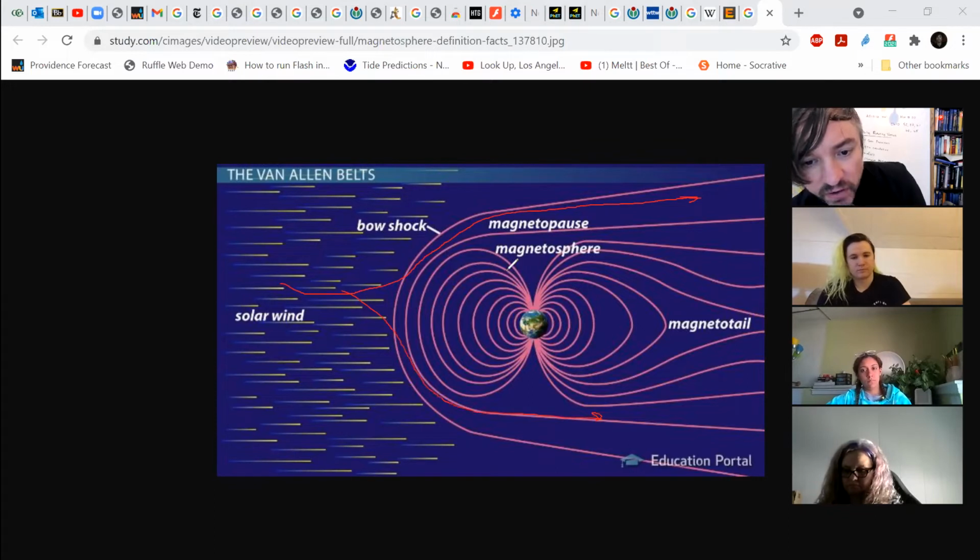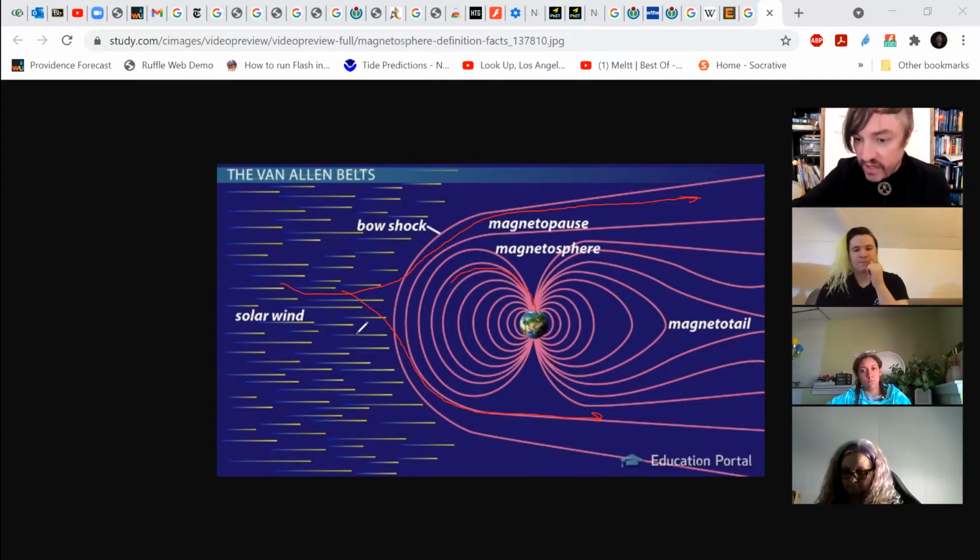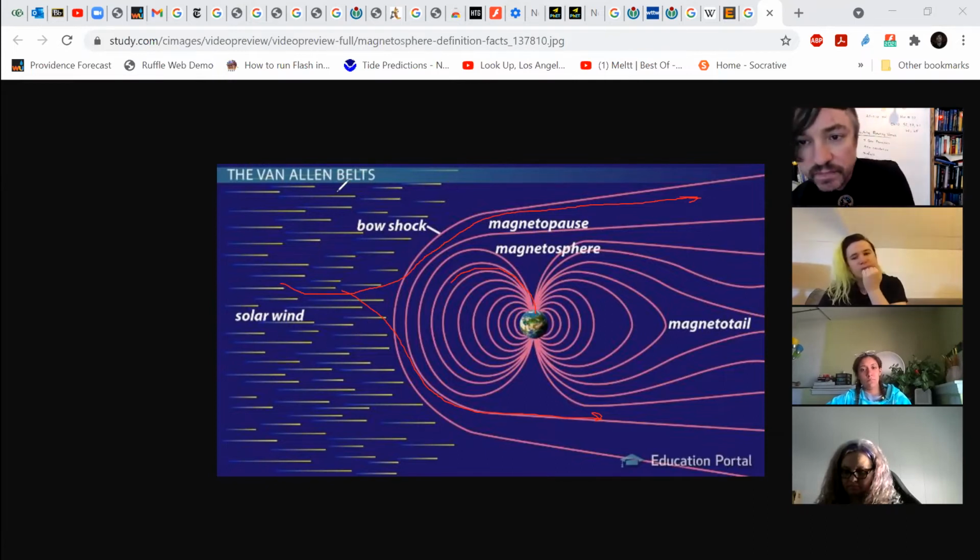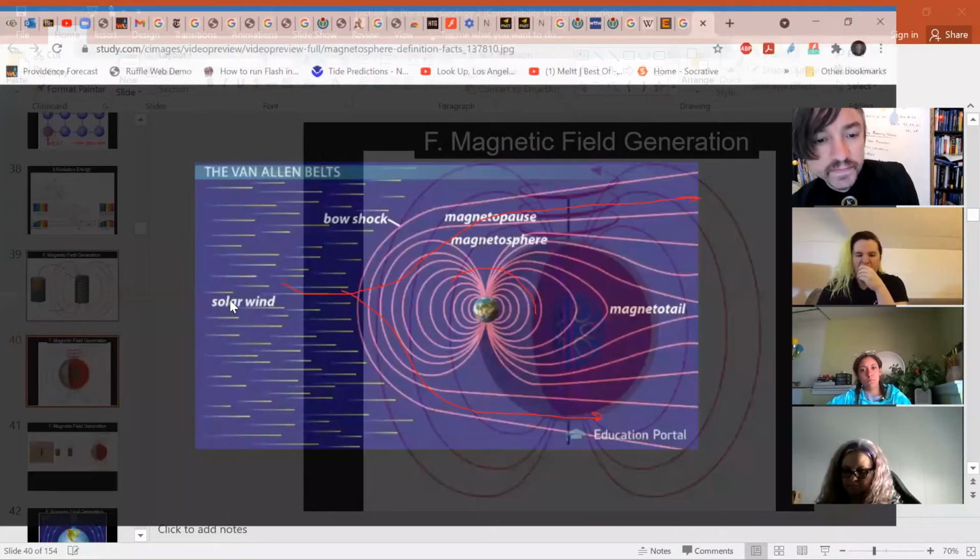Yes, some of those particles will spiral down and create a little aurora borealis, but without this magnetosphere, every day for billions of years, Earth's atmosphere would be harassed by that solar wind. This turns out to have had a profound impact on the history of Venus's climate.